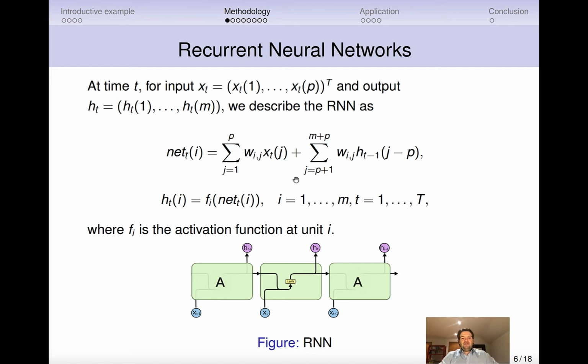Thus, here we have the general formula for a net in the case of recurrent neural networks, and this net is transformed at the end of this step through an activation function f_i. This is, for example, a hyperbolic tangent to get the output here.